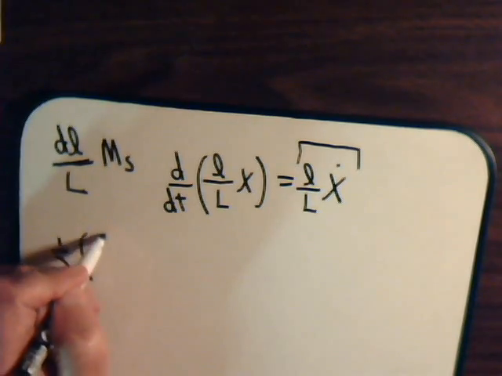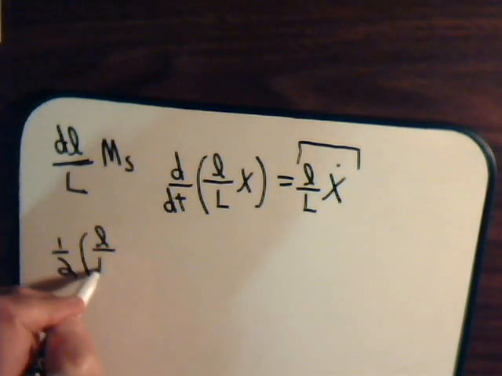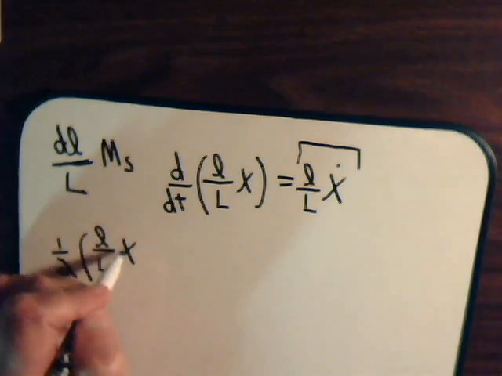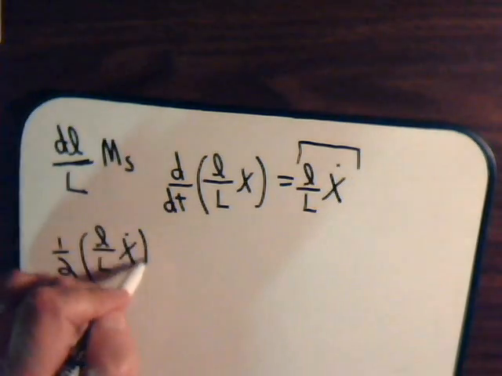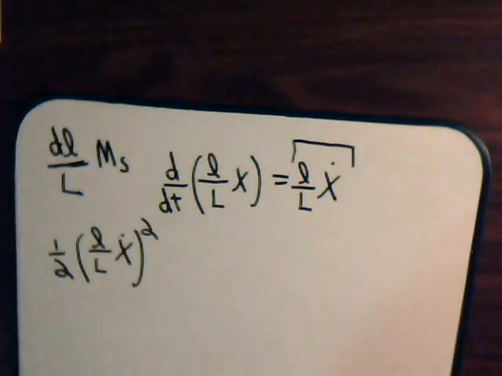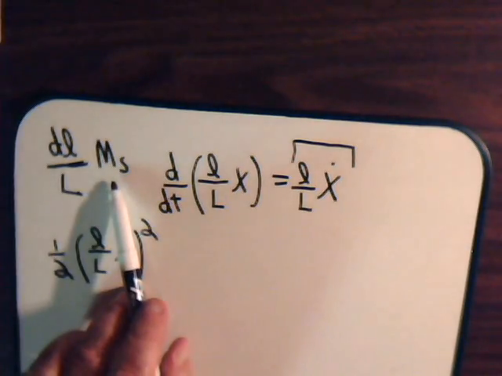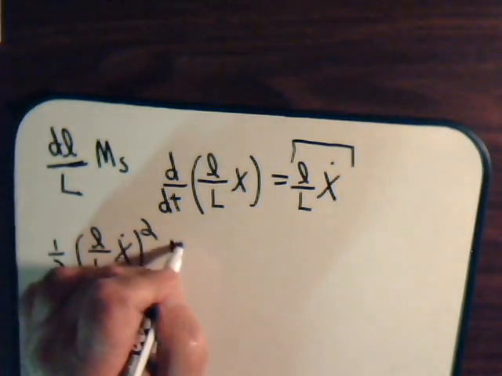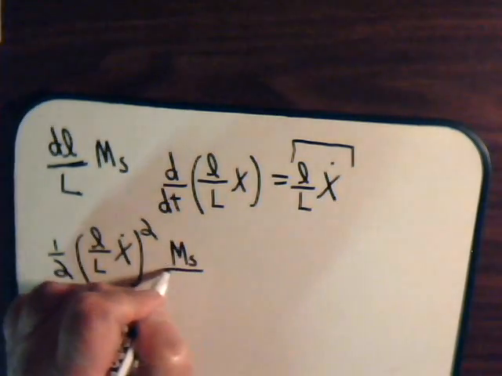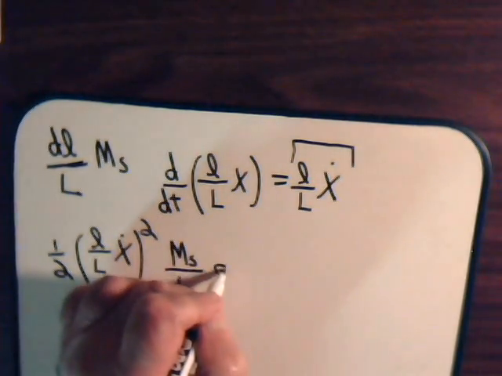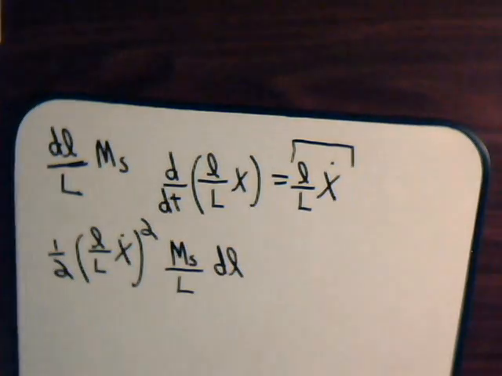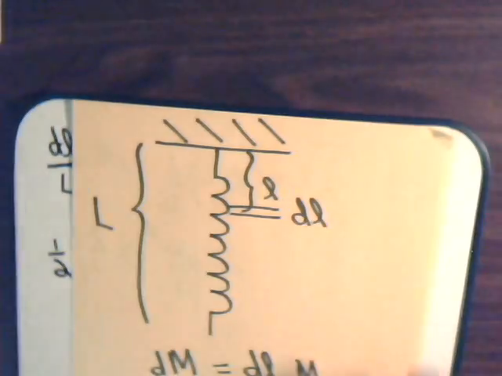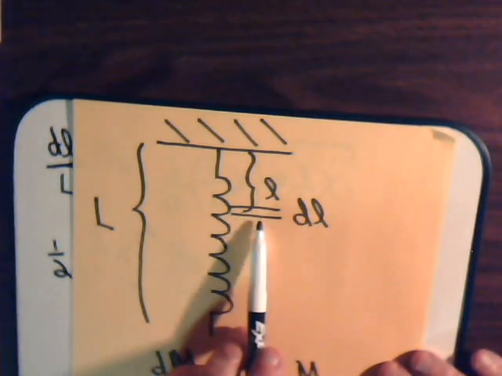We will have l divided by capital L x dot squared, and then times the mass term, that's this, ms divided by L dl. So that would be the kinetic energy associated with this differential.